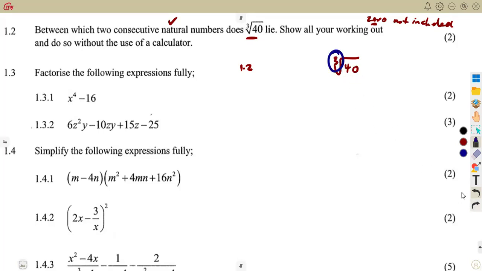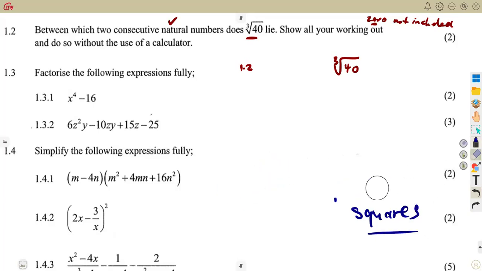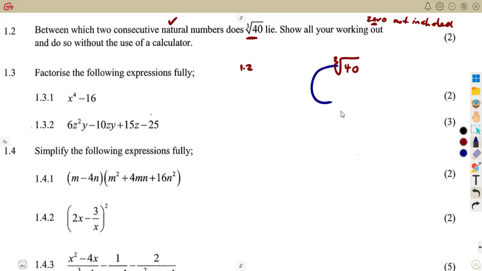If you are given the square root, let's say the square root of 40, you must work with the perfect squares. I talked about this. If you are given the cube root like this, there you must work with what?